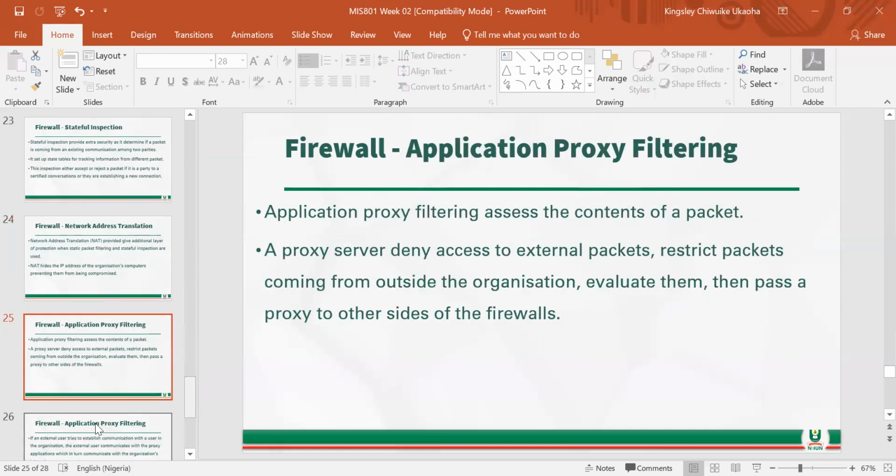Firewall application proxy filtering. Application proxy filtering assesses the contents of a packet. A proxy server denies access to external packets, restricts packets coming from outside the organization, evaluates them, then passes them through a proxy to the other side of the firewall.